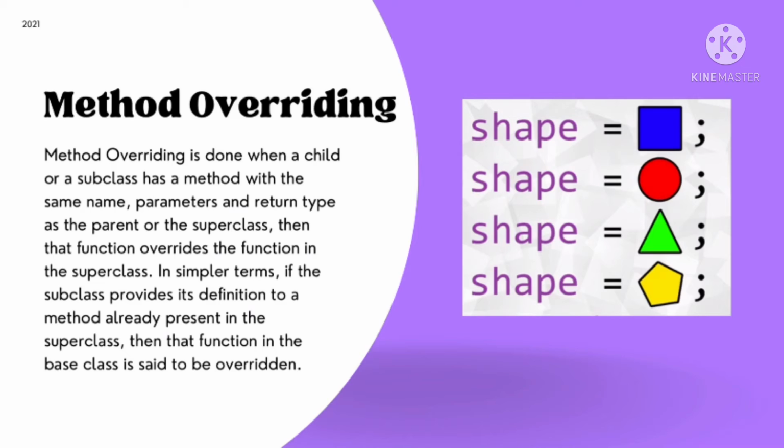Then that function overrides the function in the superclass. In simpler terms, if the subclass provides its definition to a method already present in the superclass, then that function in the base class is said to be overridden.